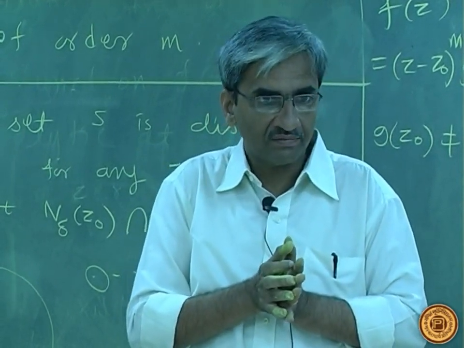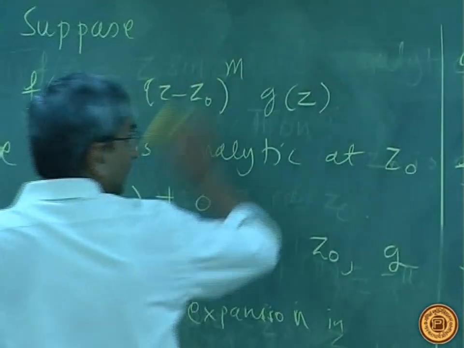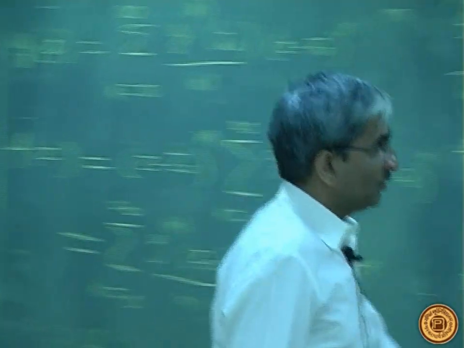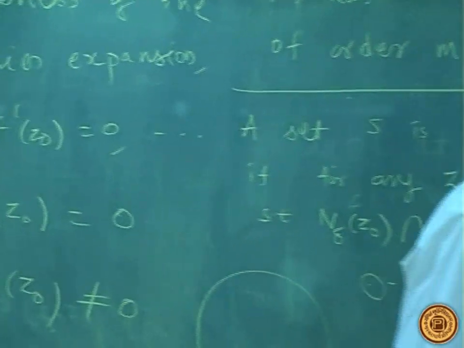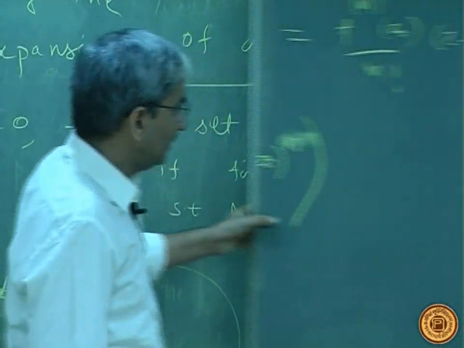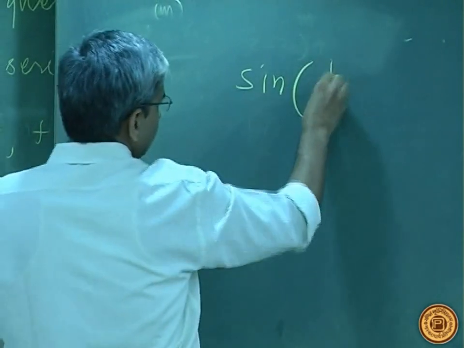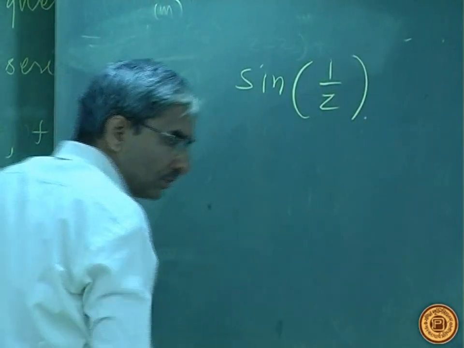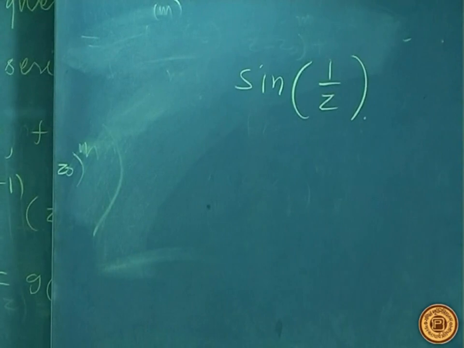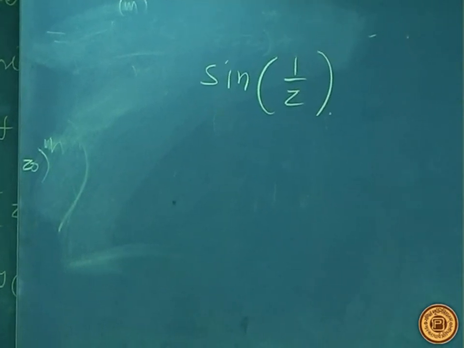Is this clear? See, as against that, if you consider a function of the type, say, sine of 1 over z, let us consider this. What are the zeros of this function?